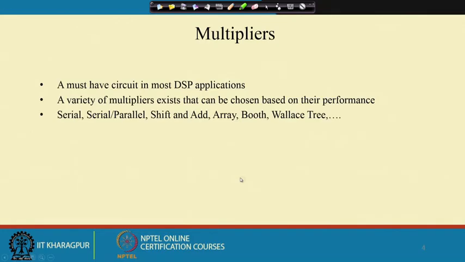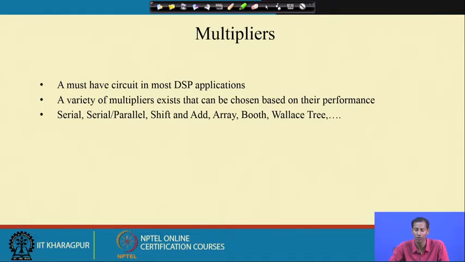Then, the multipliers are mostly used for DSP applications. A variety of multipliers exist that can be chosen based on their performance. Different architectures have evolved because of different needs, whether high speed, low power, or low area.